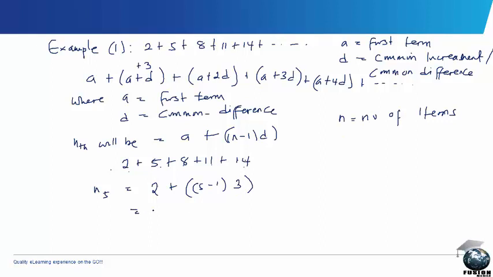Let's see whether we'll get 14. This is 2 plus 5 minus 1 gives us 4, times 3. 4 times 3 is 12, and 2 plus 12 is 14. You see, it logically works out for this particular series, and so it applies to other arithmetic series.